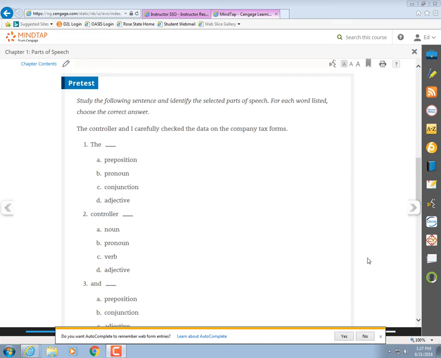So data is a direct object, and a direct object will either be a noun or a pronoun. In this case, it's just a thing, so it's a noun. Nouns are persons, places, things, occurrences, events, an attitude, and so it's a direct object that received the action of the verb checked. And then the words on the company forms.